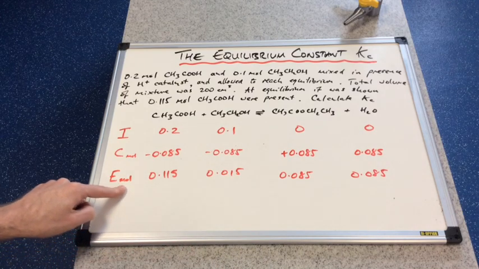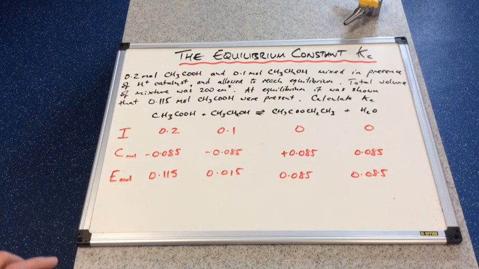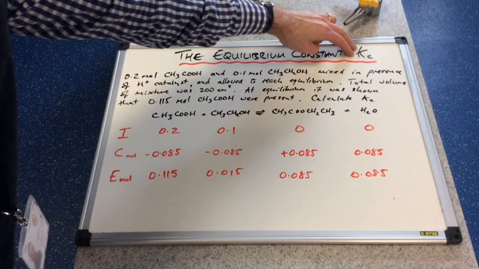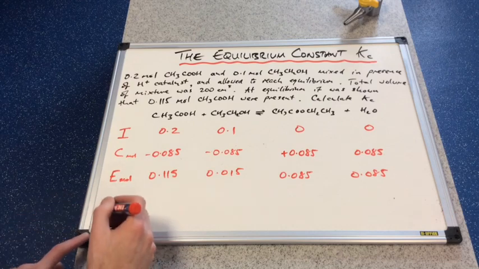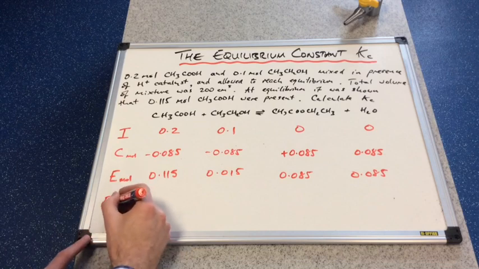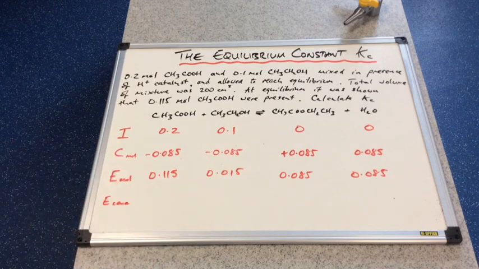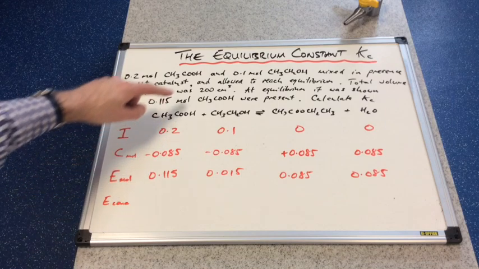Now, the next thing is we need to turn these moles into concentrations. Remember the Kc expression, Kc is a measure of the equilibrium concentrations of products over reactants. Now we've got moles at the moment, so we need to turn these into concentrations. So I'll just put an extra row here, E conc. How do you work out concentration? Moles divided by volume.